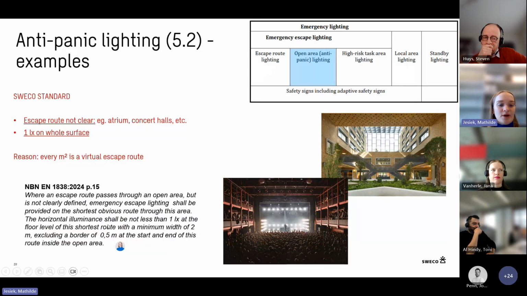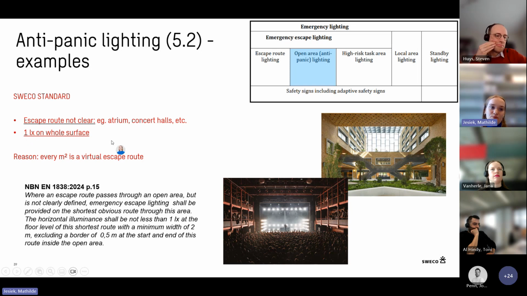So then, about these large areas where the escape route is not very clear, we have some examples here. For example, if we have an atrium or we have concert halls without fixed seating, and it's really not clear what is escape route and what is the anti-panic area, we think as a SWECO standard, it will be easier and clearer for everyone that we just design the whole area to 1 lux on the whole surface.